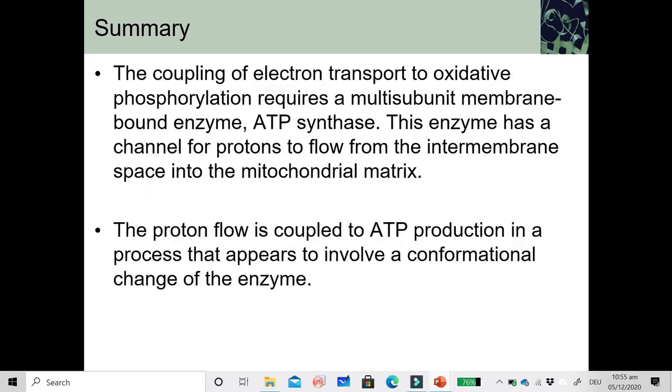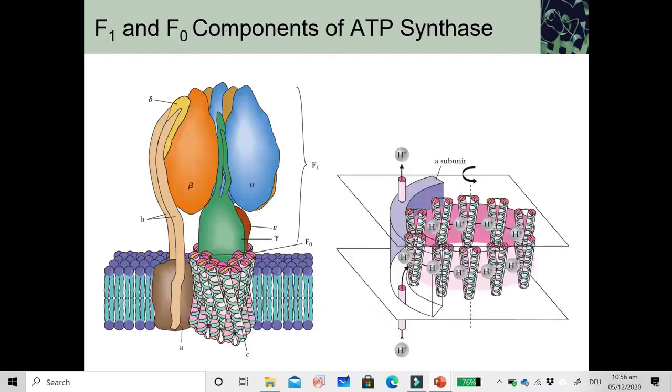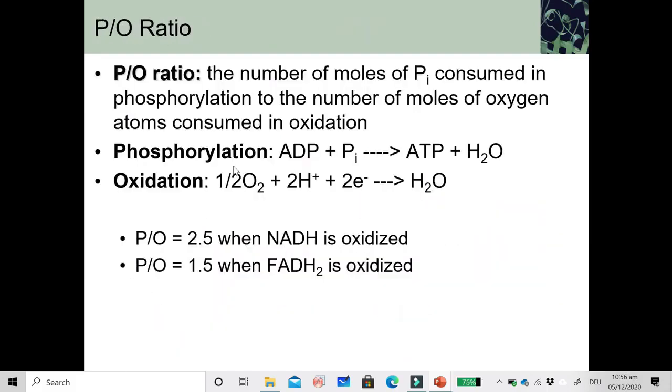Coupling of electron transfer to oxidative phosphorylation requires a multi-subunit membrane-bound enzyme, ATP synthase. This enzyme has a channel for protons to flow from the intermembrane space into the mitochondrial matrix, and the translocation of these protons causes the rotation of the epsilon gamma rotor, which then causes changes in the conformation of the alpha beta subunits, which are responsible for the synthesis of ATP.